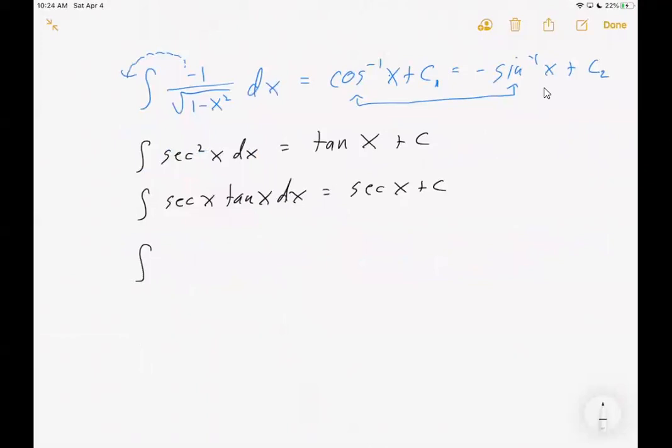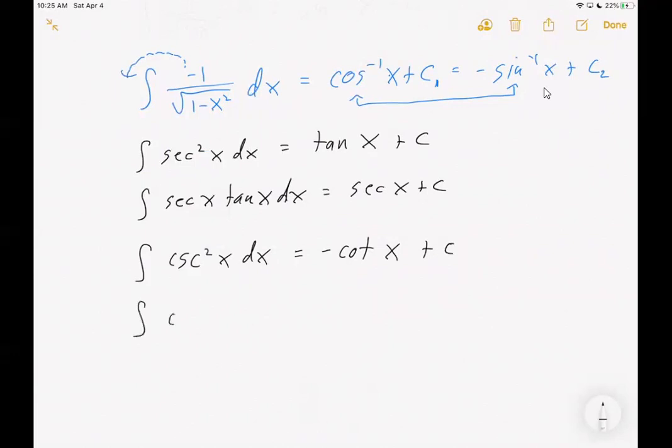Okay, and then we have the cosecant squared of x dx. You should realize that's almost like the secant squared, so it must almost be like the tangent. It is the negative of the cotangent of x, because the derivative of cotangent was negative cosecant squared.